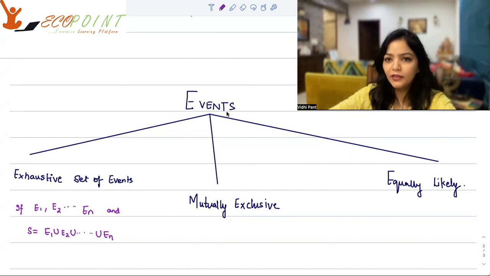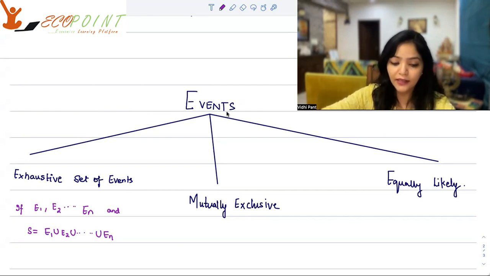Suppose you have n events, E1, E2, E3, and so on till En, and your sample space is actually equal to E1 union E2 union E3, and so on till union En. Then these Eis are called mutually exhaustive set of events.